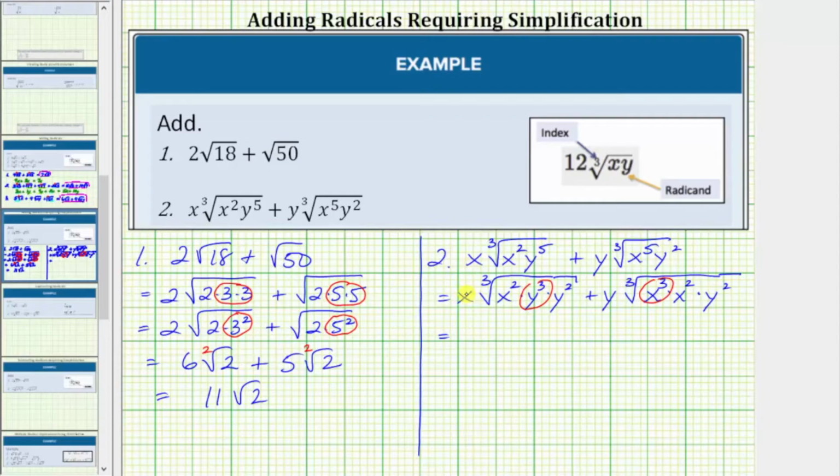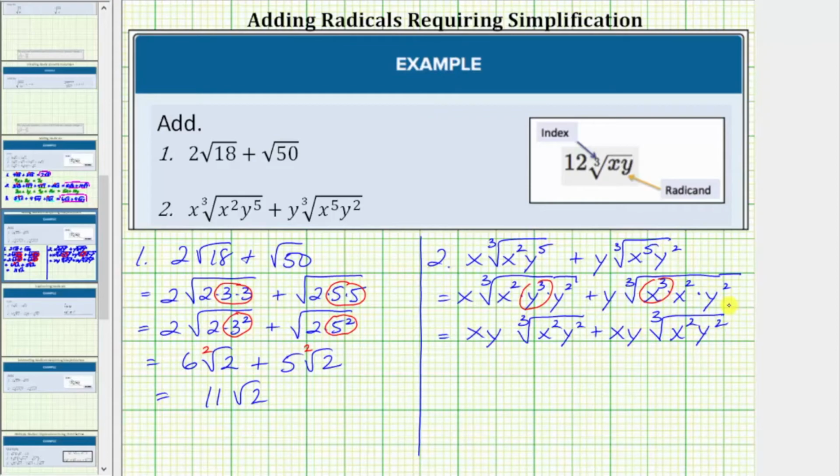Because we already have an x here, we multiply the x and the y, which gives us xy times the cube root of x squared y squared, plus the cube root of x cubed is equal to 1 factor of x. And because we already have a y here, we multiply the x and the y, giving us xy times the cube root of x squared y squared.